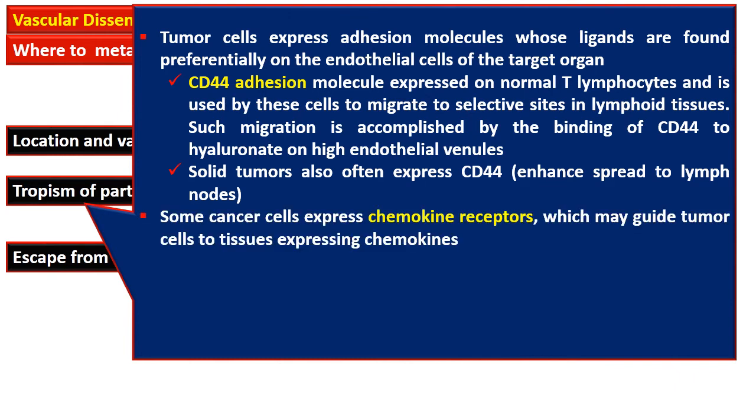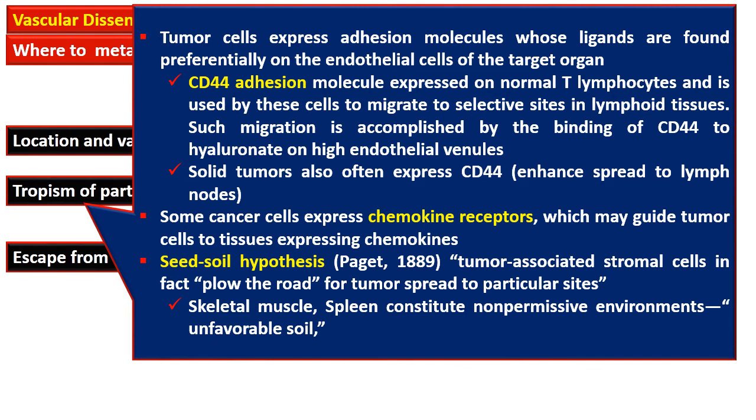Then there are some cancer cells that express chemokine receptors, and these are responsible for guidance of the tumor cell to the tissue expressing the chemokine. So they are the guiding antennas for the cancer cells.